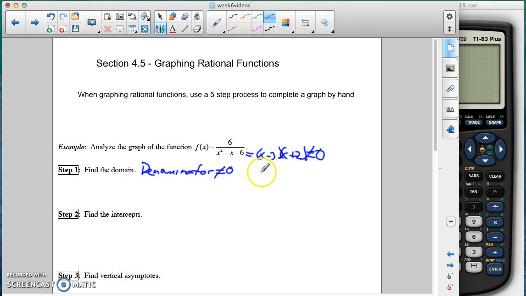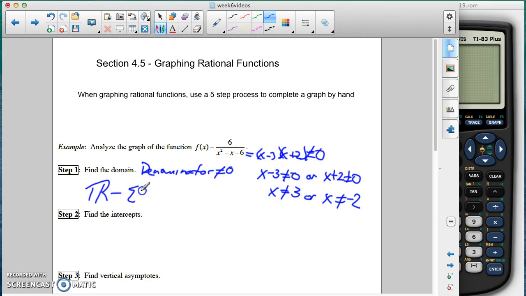So we'd say x minus 3 cannot equal 0, or x plus 2 cannot equal 0. That means x cannot equal 3, or x cannot equal -2. So that's our domain. Our domain would be all real numbers except the 2 numbers 3 and -2.